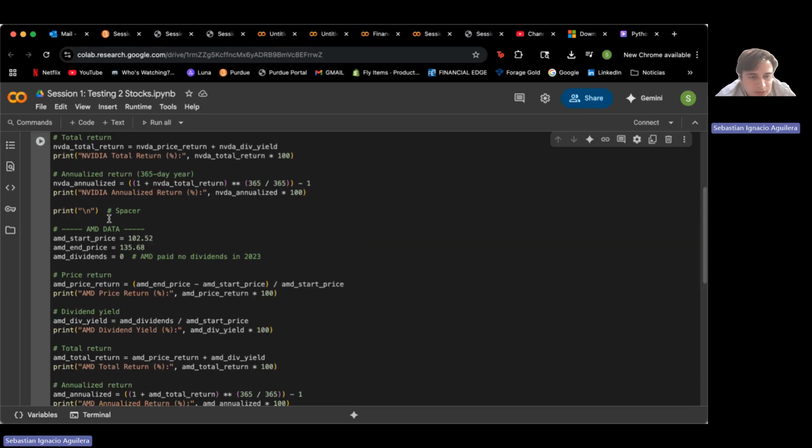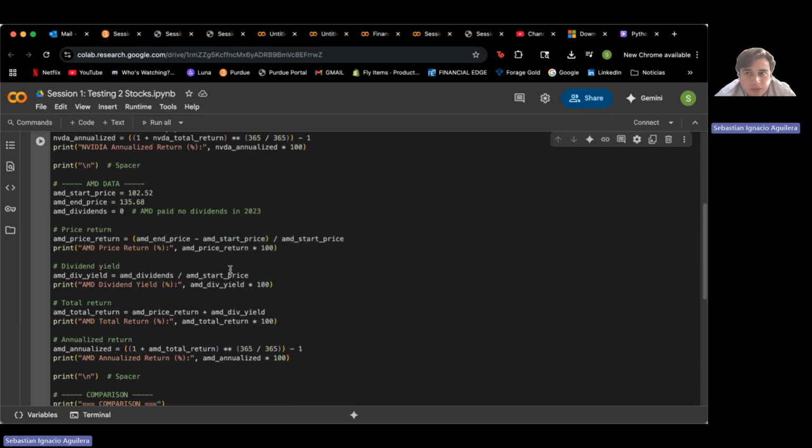Now, for the dividend yield, total return, and annualized return, they are going to be the same formulas: AMD dividends divided by AMD start price, and this will give us the yield.